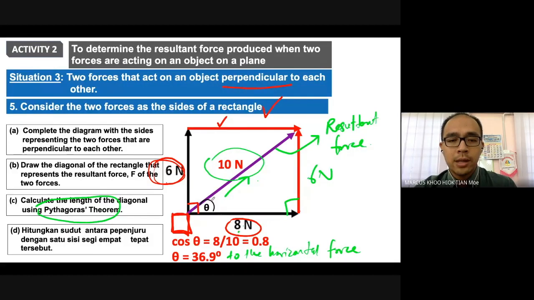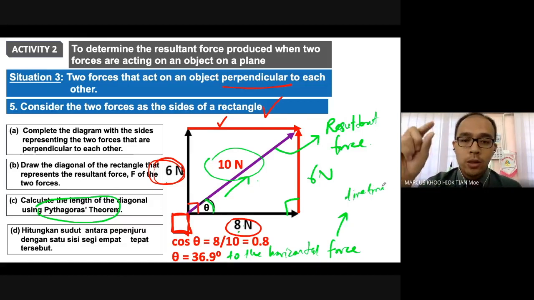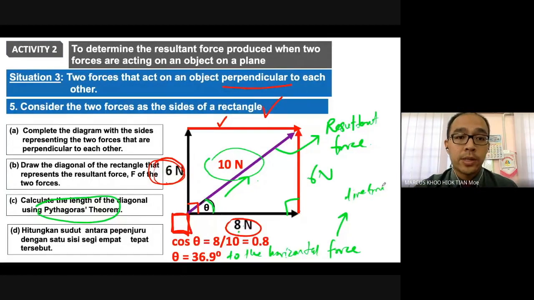We usually calculate the direction referring to the horizontal force, so try to always use the horizontal force. And this is how we would write the direction: the angle to the horizontal force. So that's kind of the standard that we use now.